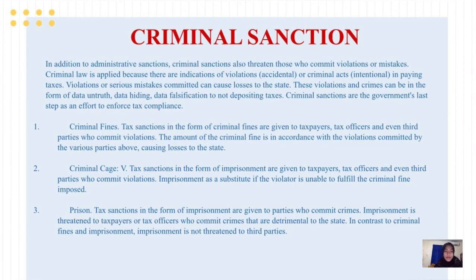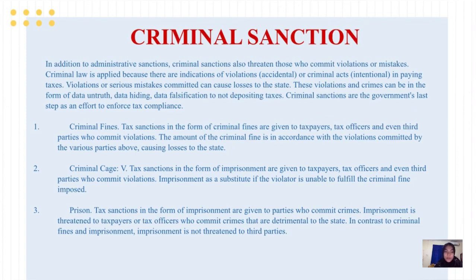Second, criminal case fee. Tax sanctions in the form of imprisonment are given to taxpayers, tax officers, and even third parties who commit violation. Imprisonment as a substitute if the violator is unable to fulfill the criminal fine imposed.